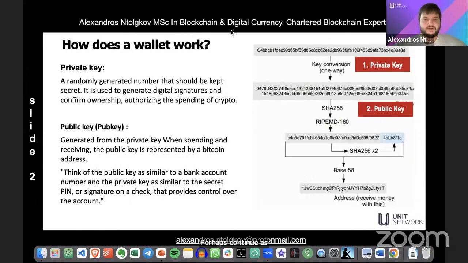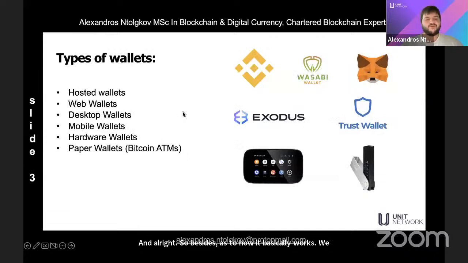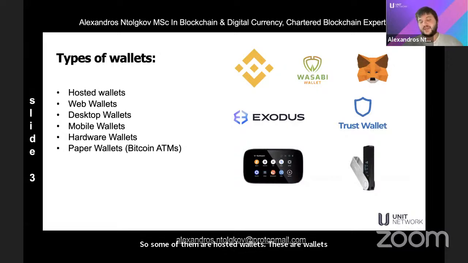All right. Besides how it works, we also have different types of wallets. Some of them are hosted wallets. These are wallets where the private key and the key management is done by other parties, like Binance or Coinbase. Think of them as crypto banks. You give them your money and they manage it for you.